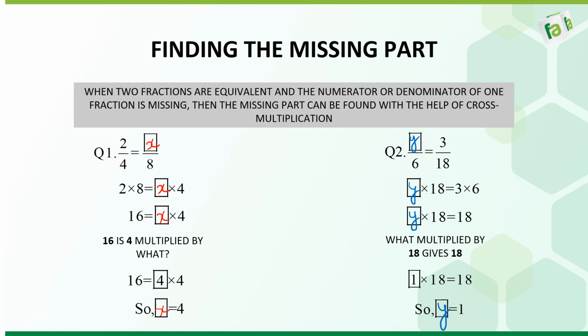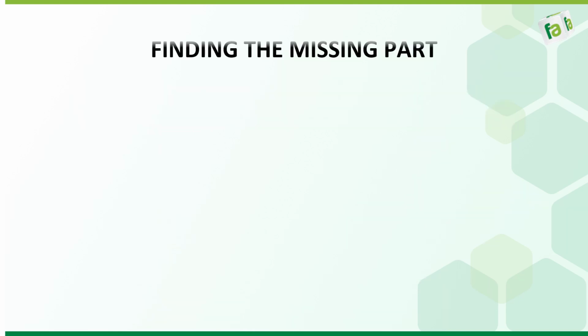Let's solve more questions. Next question is, missing part by 6 is equal to 4 by 12. Let's take this missing part as x. By cross multiplication, we can write it as x into 12, which is equal to 4 into 6.